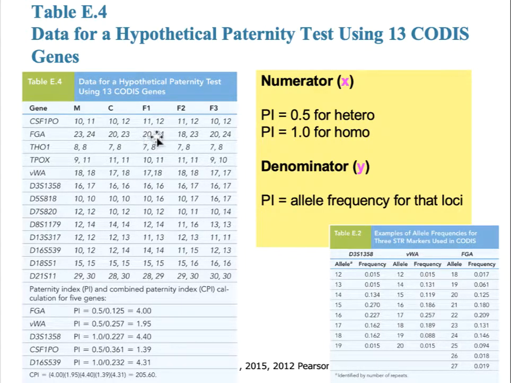Now, because the father is heterozygous, we put 0.5 as the numerator and that value of 0.257 as the denominator. And we do that calculation. You do that all the way through, and then you multiply the values by themselves, and then you see if that number is greater than 100. If it is, then the likelihood is that F1 is the father.